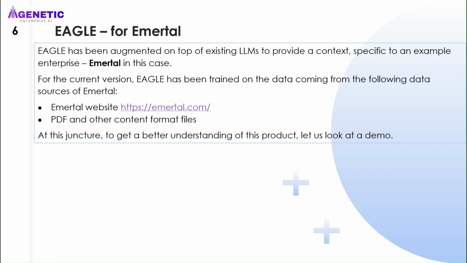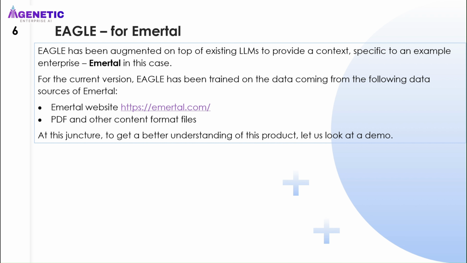So for doing a POC of Eagle, we identified Immortal. Immortal is something that we are closely related to. Immortal is a digital age IT product and services company, which claims itself to be a digital innovation company. So we implemented Eagle for Immortal.